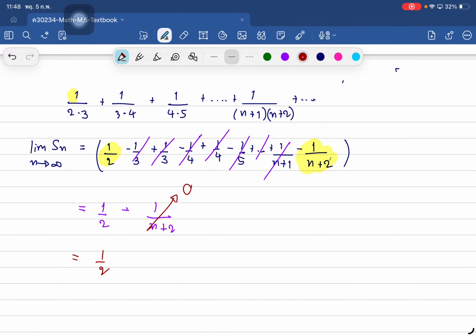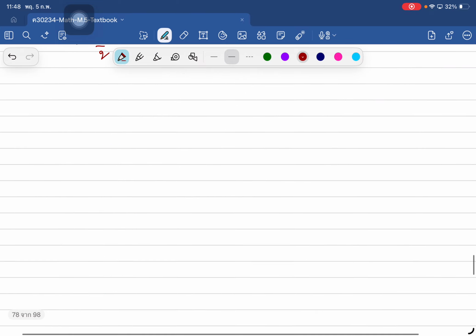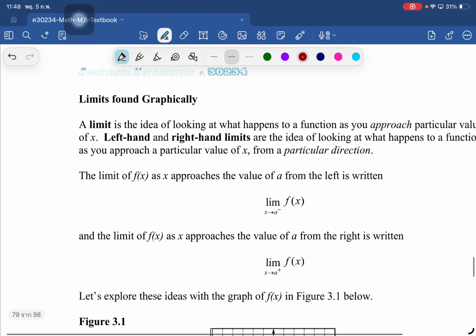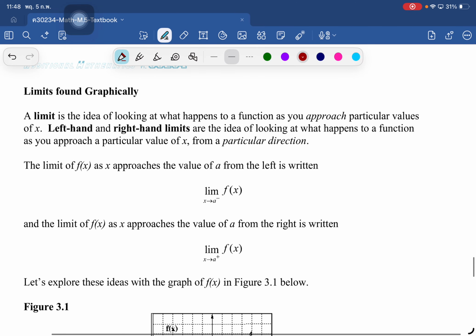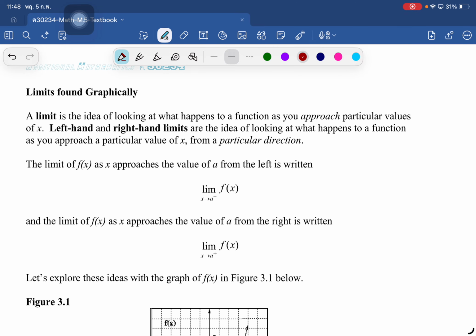This function has the limit, but f(1) is undefined. Why? Because here the circle dot means we didn't count this point, since it's not a bold one. We're not going to count this as a number.